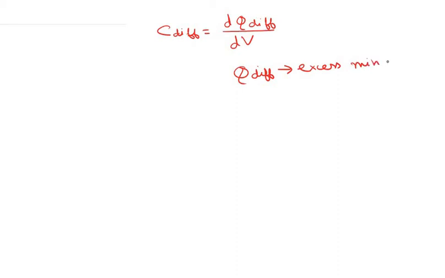So we define this diffusion capacitance C diff as dq diff by dv, where q diff is basically the magnitude of the excess charge.